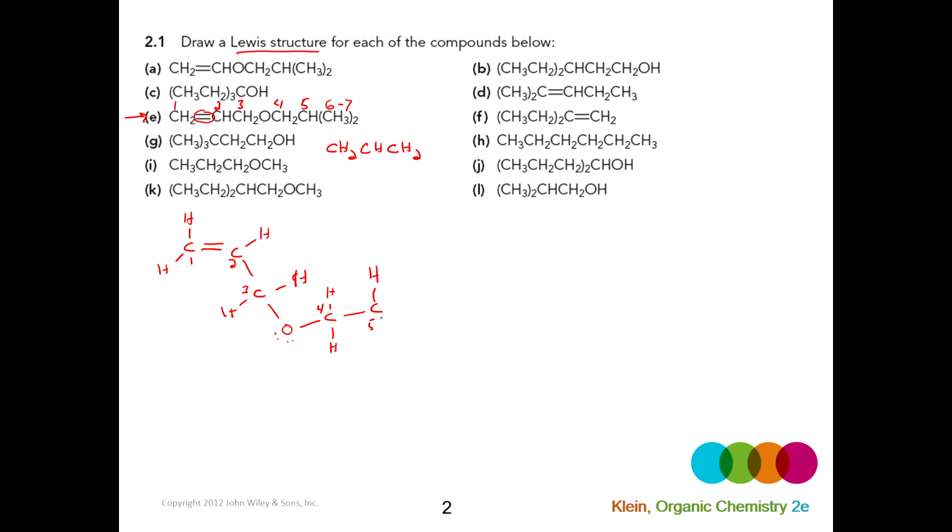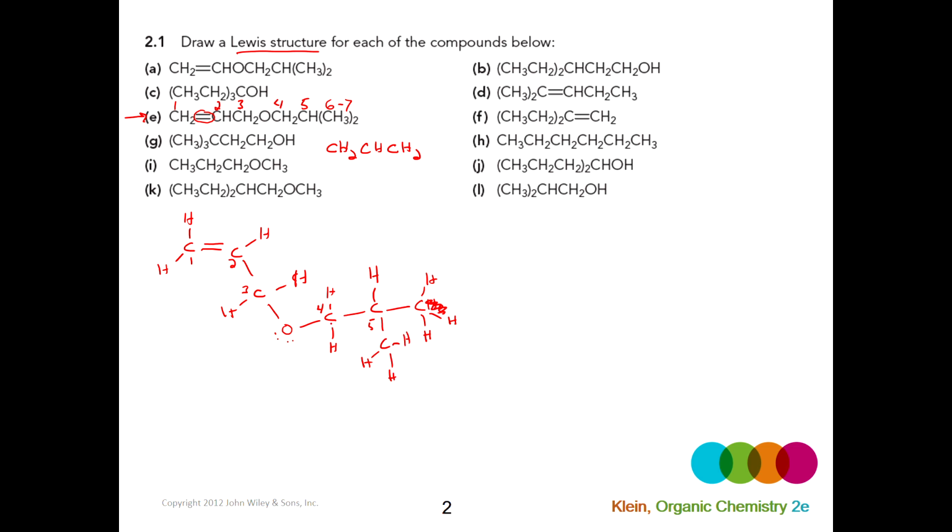And that means it needs 2 more bonds to make its noble gas configuration, and that's why there are 2 CH3 groups. So I would draw one of them in here. I probably would want to actually show the hydrogens if I'm asked to draw a Lewis structure and show all the bonds. And the other CH3 group there.